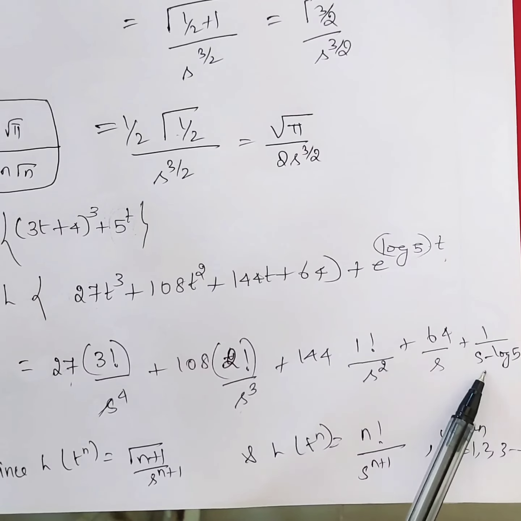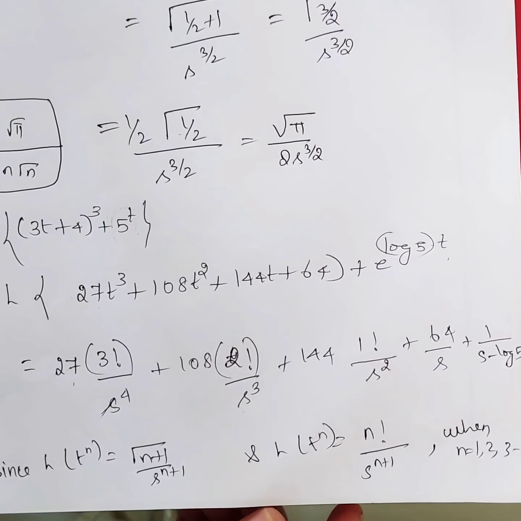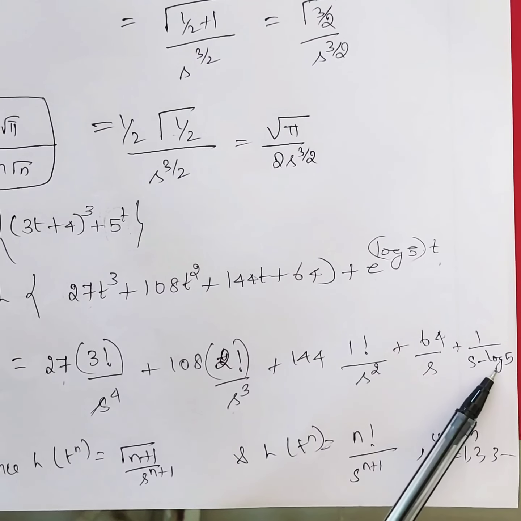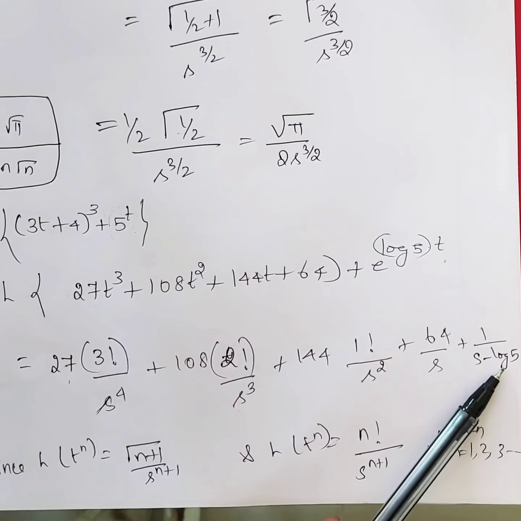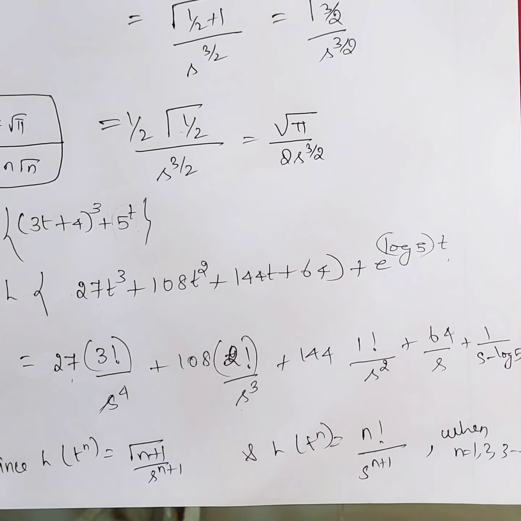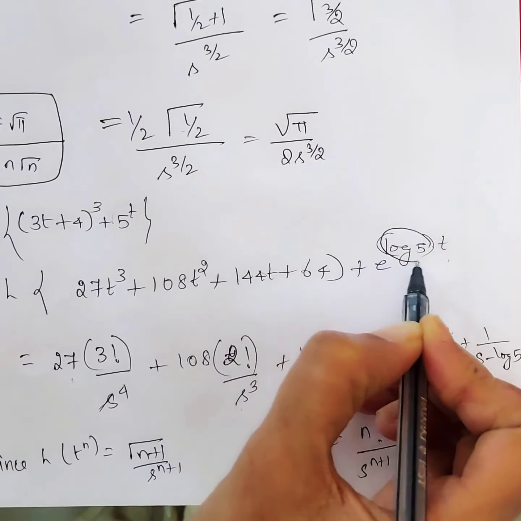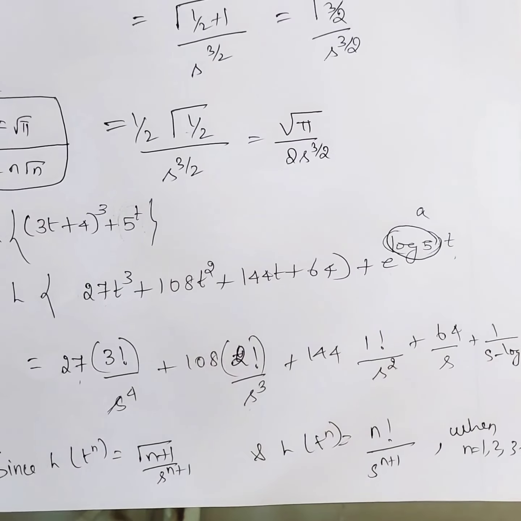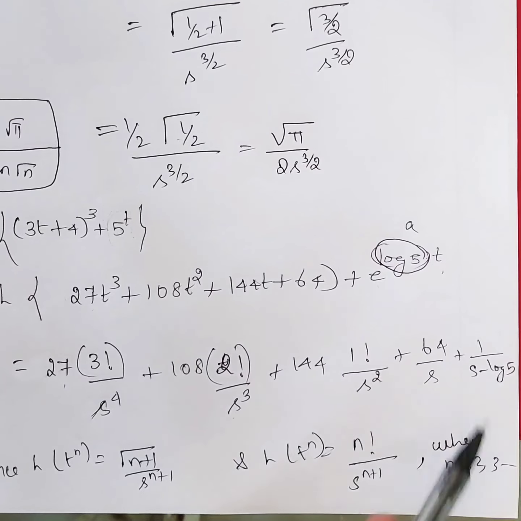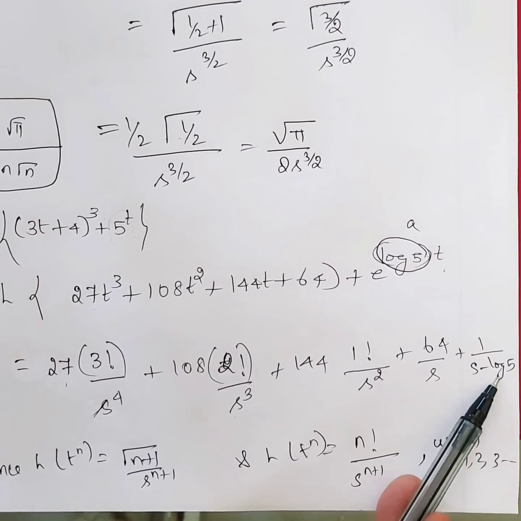So 1 by s minus log 5. In the place of a I have log 5. This log 5 is nothing but a. So what is Laplace of e power at? 1 by s minus a. So I have written 1 by s minus log 5.